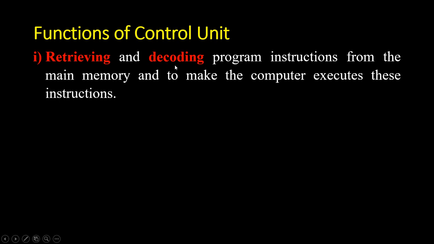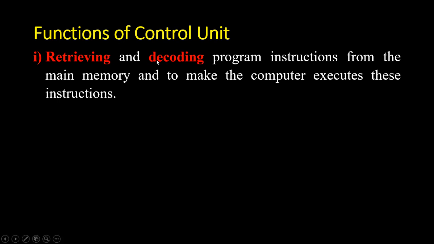So to decode is to make those instructions understandable by other devices, by other components. Even a printer cannot do anything. Even when you click print somewhere, it will be the control unit that makes that interpretation for the printer. It will make that interpretation and issue the command to the printer that you are supposed to do this.